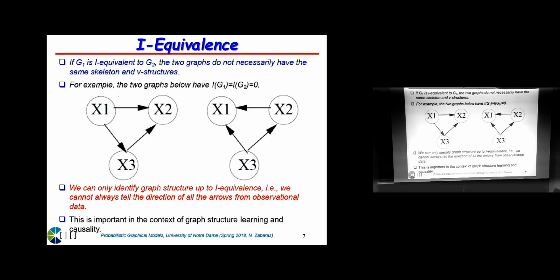Okay? And in many ways, that's a limitation of directed graphs, but then there are properties of directed graphs that undirected graphs don't have. But remember this, all right? You cannot identify the structure of a directed graph beyond this I-Equivalence, okay?